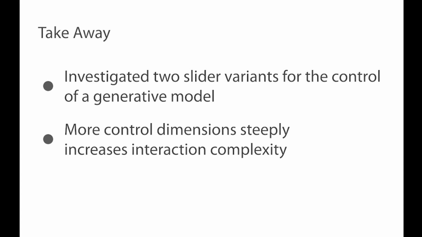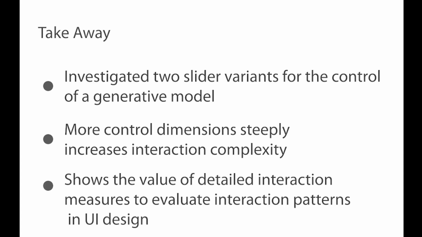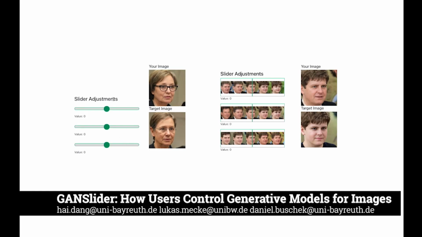We have also found that measures beyond task completion times and overall success rate are crucial to characterize the impact of different UI designs. Our results challenge the HCI and AI research community to further investigate the UI design space for interactive generative models. While regular sliders are frequently used, there's still room for improvement, and the film strip slider is one step in that direction.